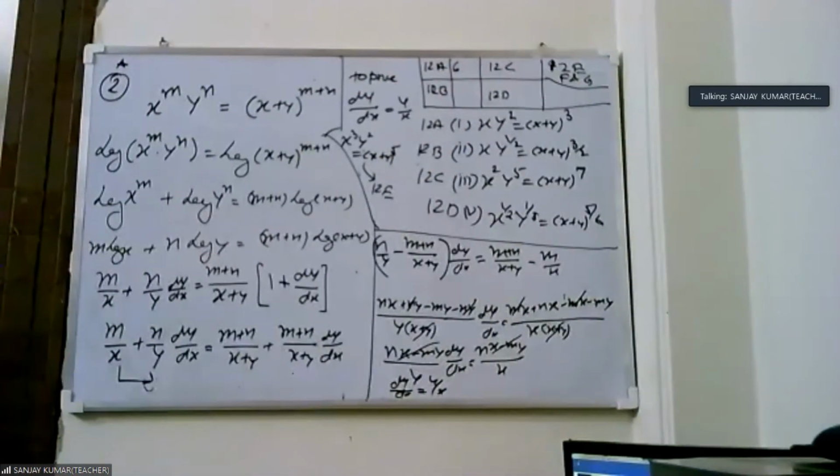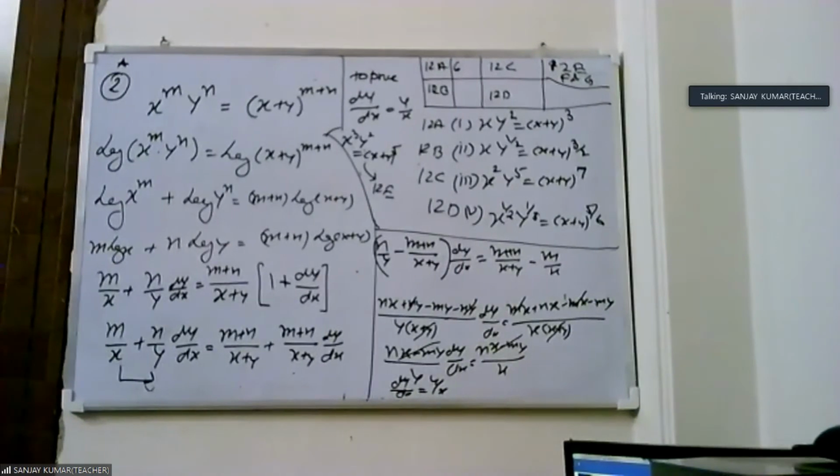Then 12B start now. Yes, 12B class. Okay, one entry from 12B, that is Samarth Arora. The time limit is only 2 minutes.